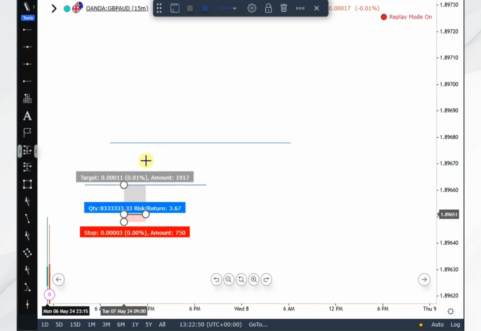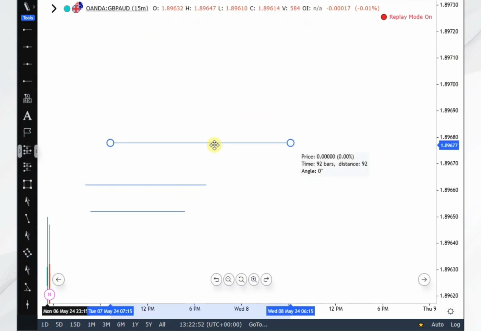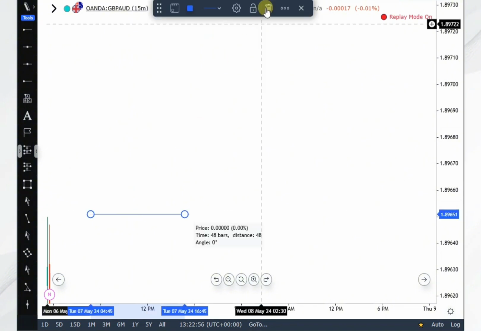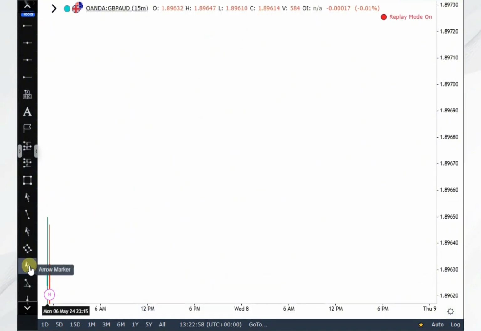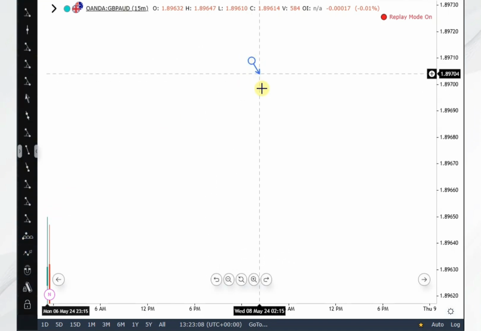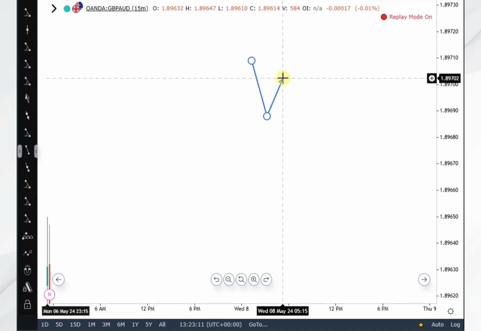So let's delete this and let's do the one for a downtrend. Okay, so if you just look at it, it also happens in a downtrend too. So this is for a downtrend.